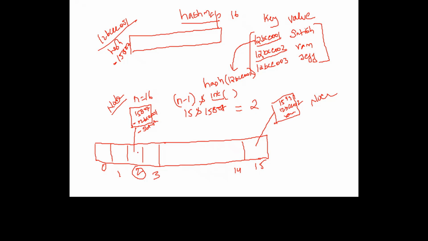So you go to that place and directly fetch it. So for get and put, that is when you're putting something in the hash map or getting something from the hash map, the fetch and put time is constant.